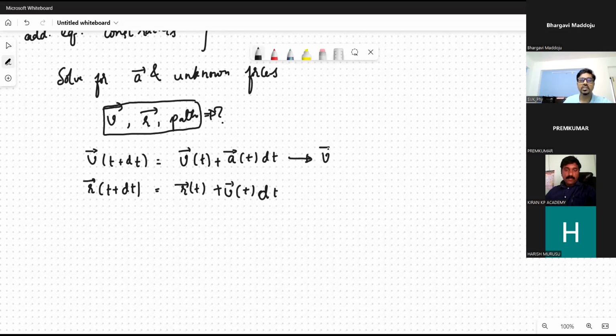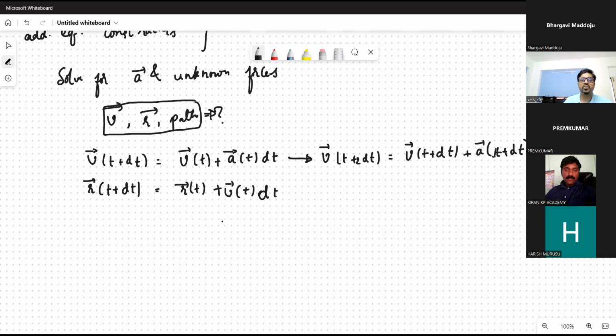Suppose you want to find velocity at t plus 2 dt, for example. You go on ahead further. That is velocity at t plus dt plus acceleration at t plus dt times dt. In the same manner, go for position vector.